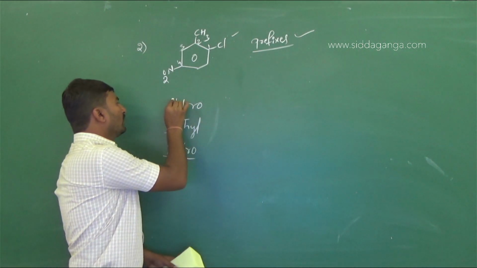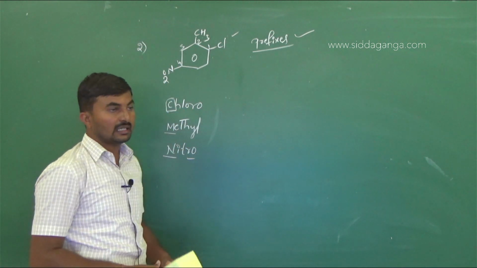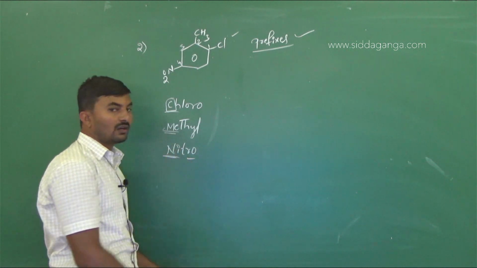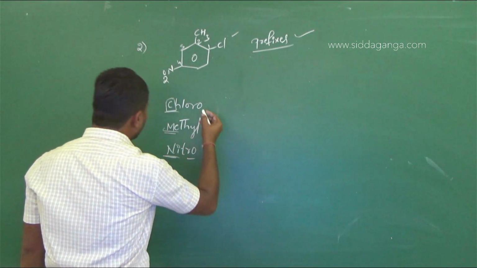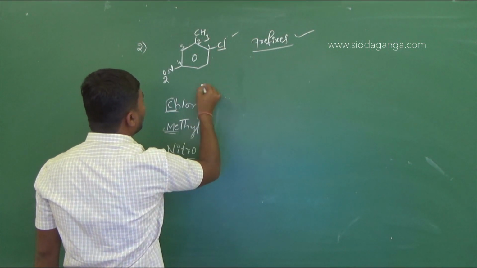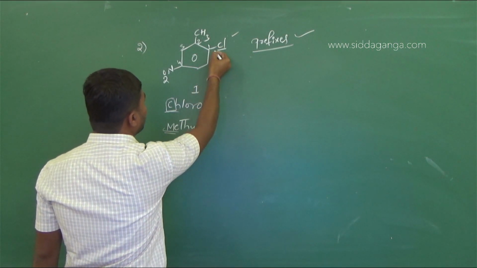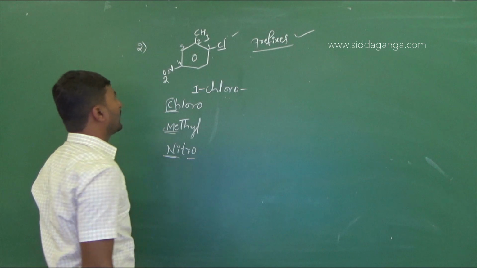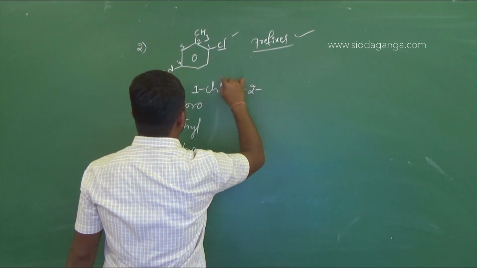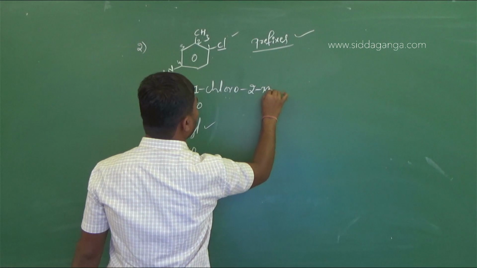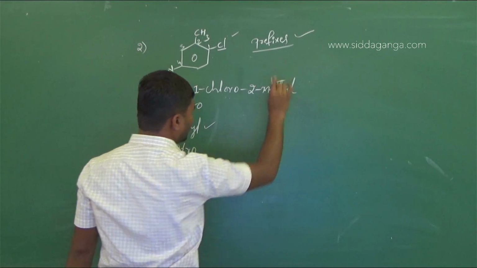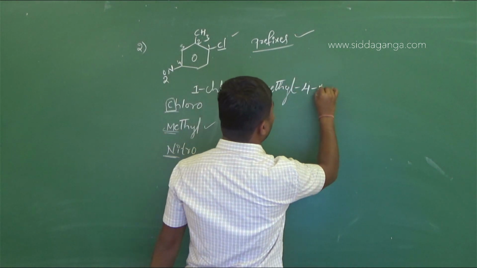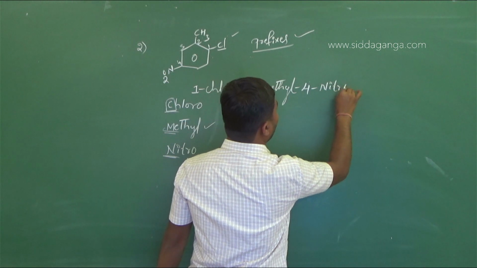So chloro, which starts with C, will be the starting letter, followed by M, followed by N. This is the exact alphabetical order. That is why first we name the chloro substituent that is attached to the first carbon, so it will become 1-chloro, followed by the second position attached by the methyl group, so it will become 2-methyl, followed by the fourth carbon atom attached with the nitro.